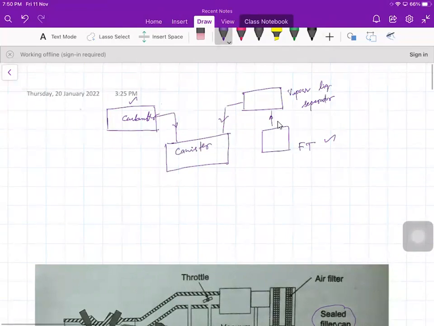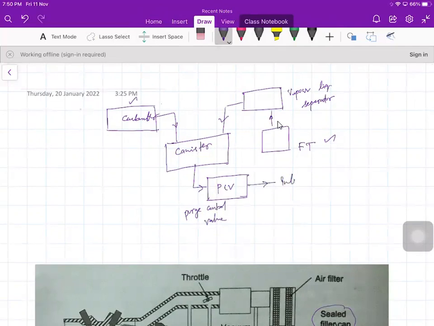And from the canister, we will send this to the purge control valve. PCV stands for purge control valve. And this is sent to the inlet manifold.